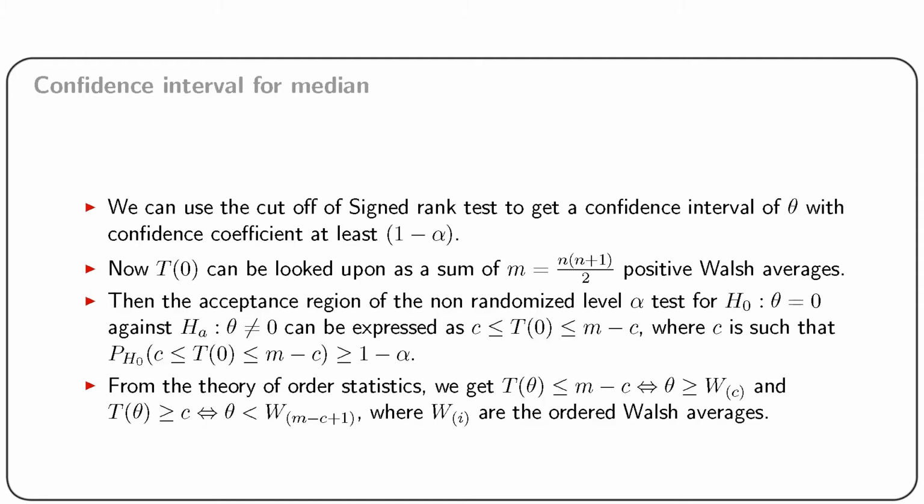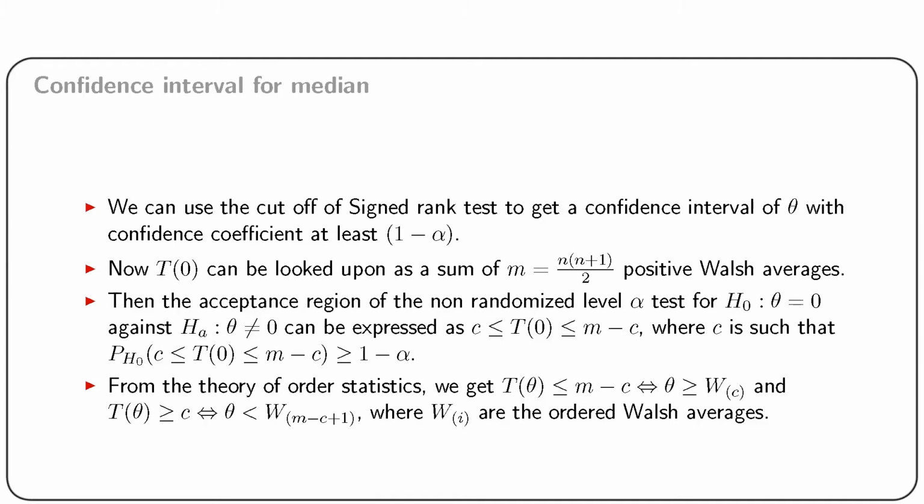Now, from the theory of order statistics, it follows that for any k, x ordered r less than k if and only if at least r x observations are less than k. Then t theta less than equal to m minus c is equivalent to m minus t theta greater than equal to c. Now, m minus t theta is a number of Walsh averages less than theta.